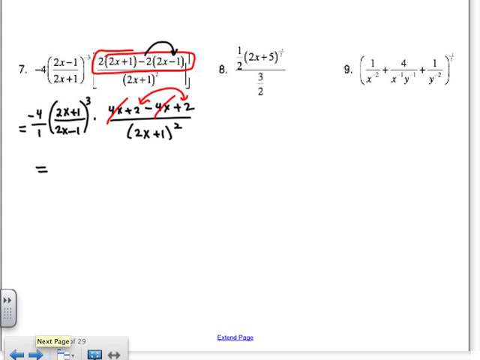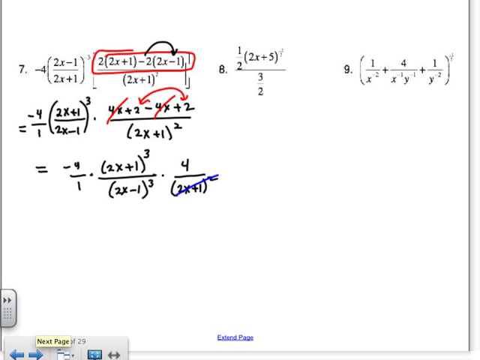So let me write it a little bit simpler. So I have -4 over 1 times 2x plus 1 3 times, and 2x minus 1 3 times. I just distributed my 3, basically. The power goes to both the numerator and denominator. And I have 4 over 2x plus 1 squared. So if you notice, we have 2x plus 1 on the top and the bottom, so we can get rid of 2 of them.